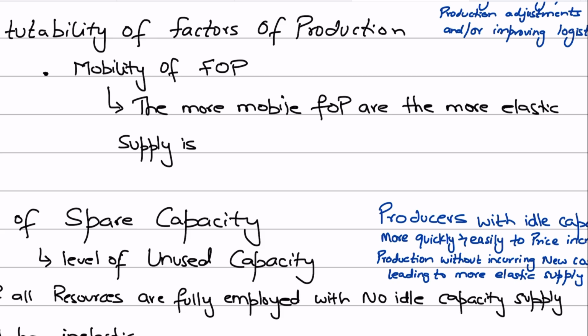For instance, let's say a firm is producing cars and also producing trucks, or cars and vans.